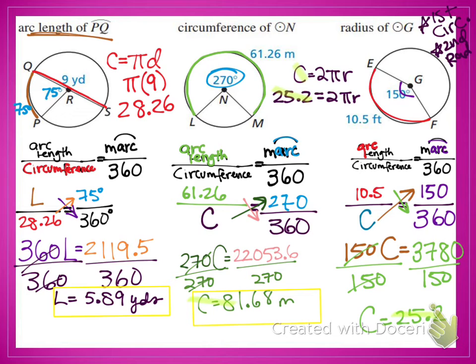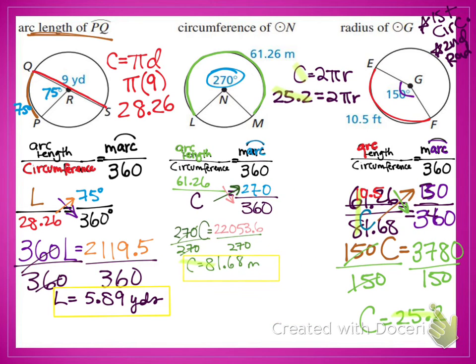So 2 pi is multiplying times r, so I want to divide by 2 pi. What did we say 2 pi was equivalent to? 6.28. Yeah, 6.28. They are the same. So divide by 6.28, and the radius is 4.01, and it is feet. Good.